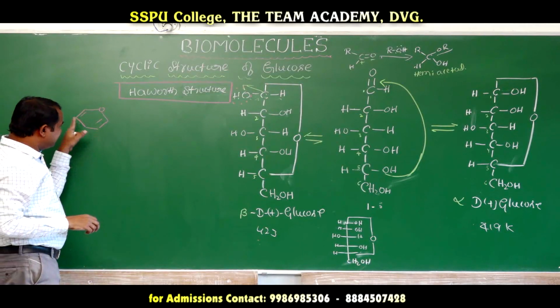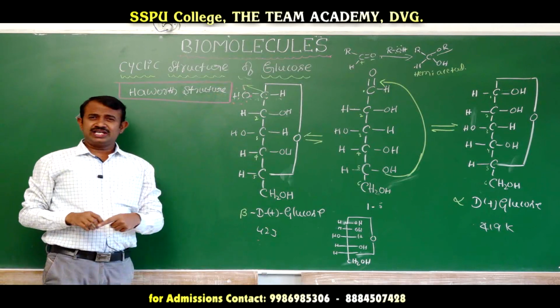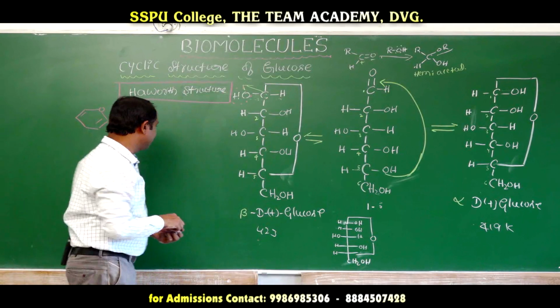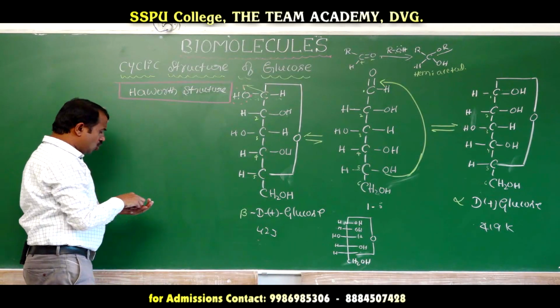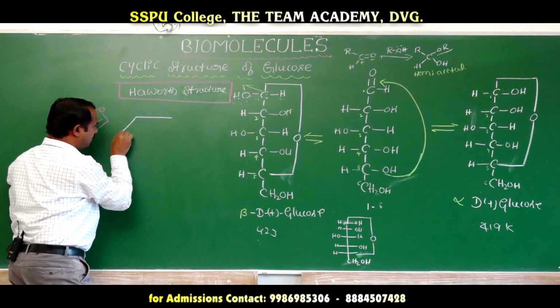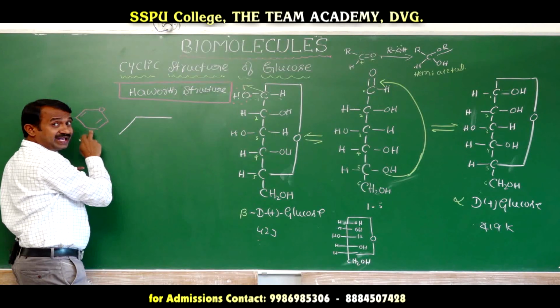This pyranose is similar to glucose; here also it is heterocyclic, with carbons C1 to C5. Listen here. Suppose I am writing the same compound here, this is a pyran.